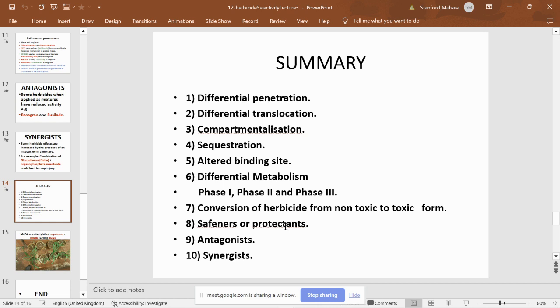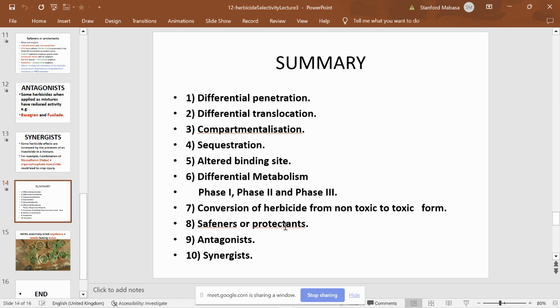Then we have just talked about the conversion of herbicide from non-toxic to toxic form. Remember 2,4-DB being converted to 2,4-D, MCPB being converted to MCPA via beta oxidation. We have the inclusion of safeners or protectants in some grass killers like EPTC, metolachlor, alachlor, etc.